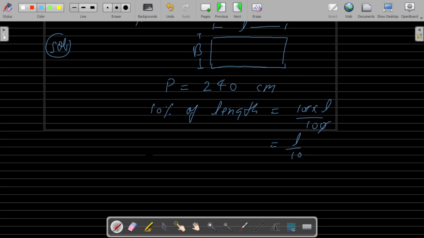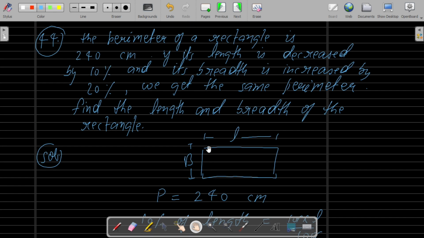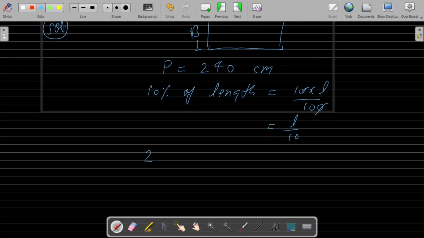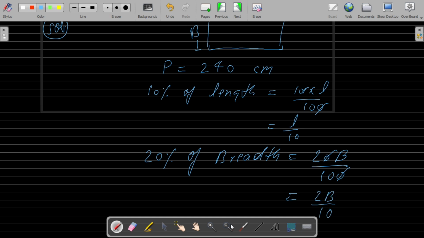Now, the second thing is, its breadth is increased by 20%. So 20% of breadth, I am denoting breadth as B, is 20B upon 100, which will be 2B upon 10.